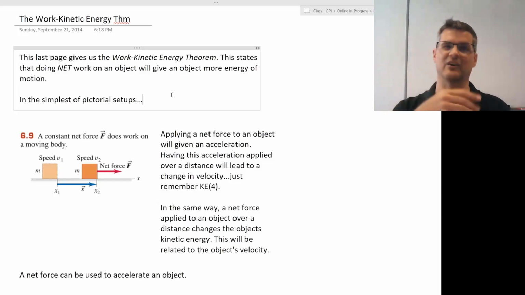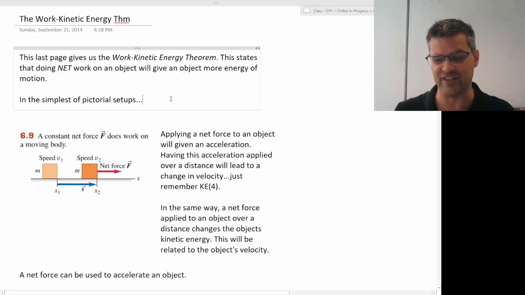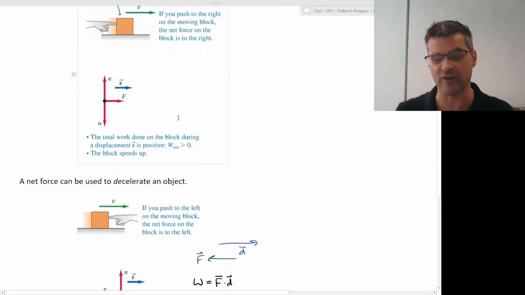But then I could go about some scenario where I start pulling some block. I put some net force on it. That net force is going to be used to accelerate the block. That net force applied over a distance changes the kinetic energy of that block. And that's what the work kinetic energy theorem is really all about.